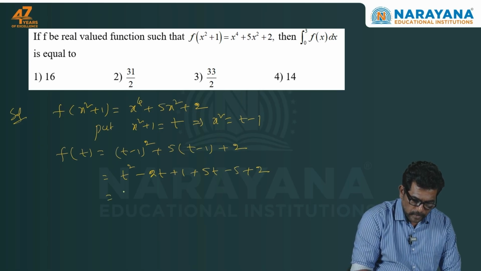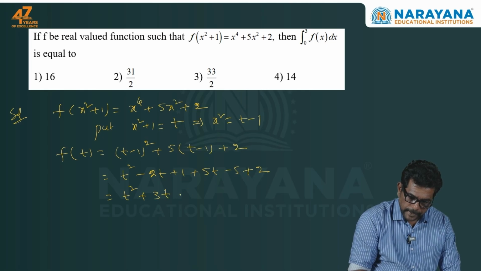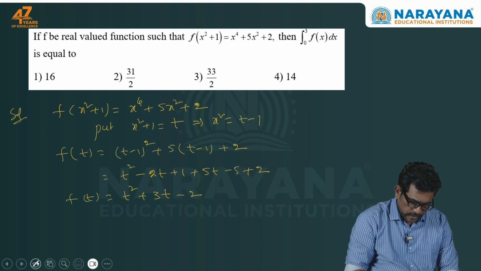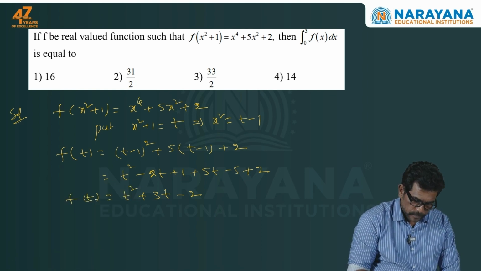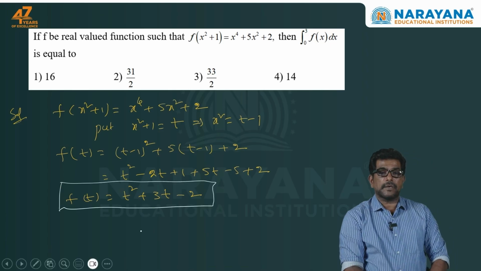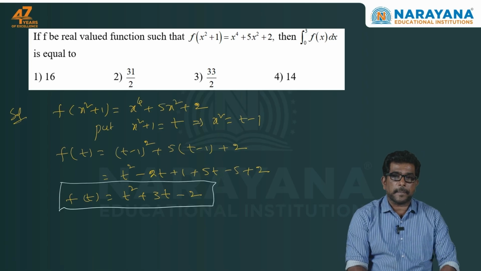Now this is equal to t square plus 3t minus 2. This is the function f of t. f of t is equal to t square plus 3t minus 2.